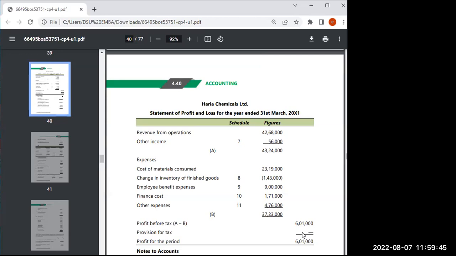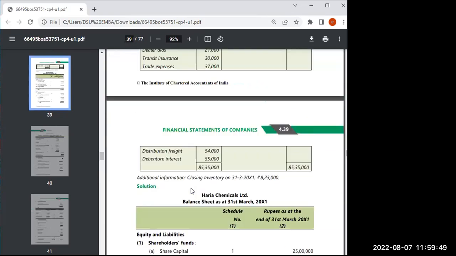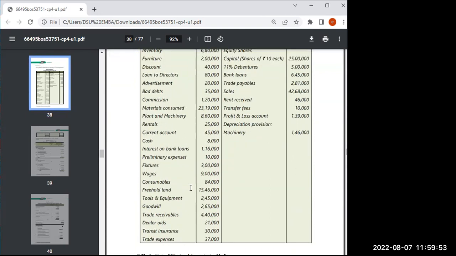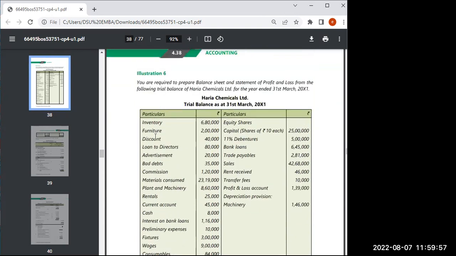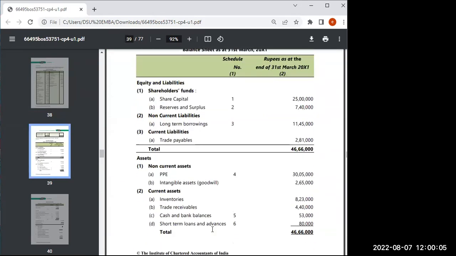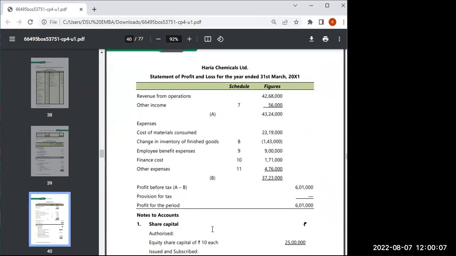So finance cost. What is finance cost? Interest paid or payable for the current year, and bank charges. Look at this question. Are any interest expenses there? Interest on bank loan, how much is there? 1,16,000 is there. Interest on bank loan 1,16,000.